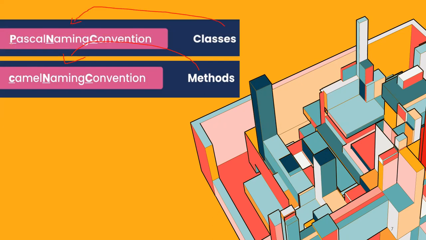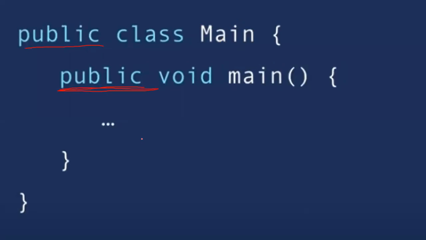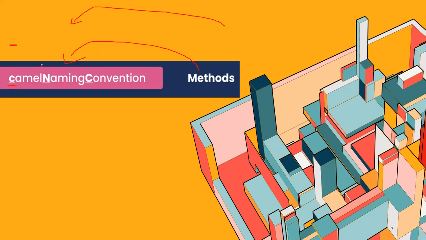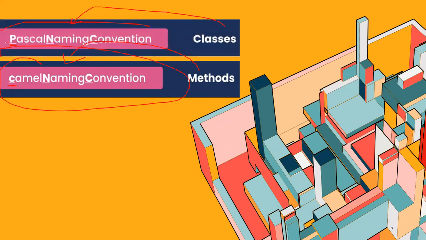For example, in Pascal the first word is capital, and in the method the first word is small. In the same way you see here, this is basically the class, and this is basically the method. So for methods we use camel naming convention, and for classes we use Pascal naming convention.